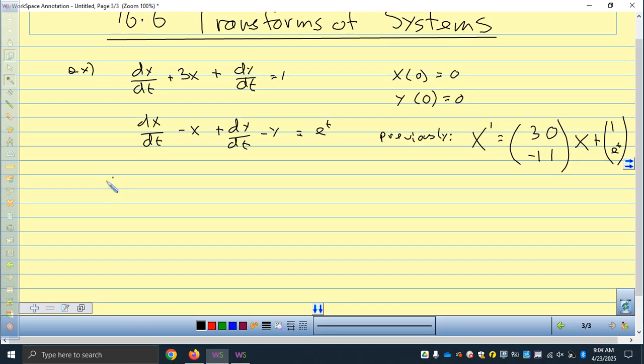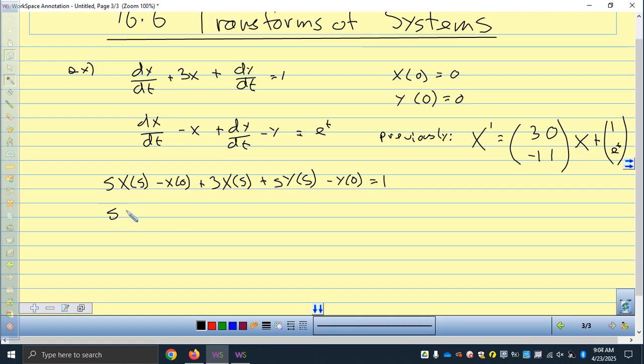When we do that, we get x of s minus x of 0. I'm going to write out all the pieces here, plus 3x of s plus s y of s minus y of 0 equals 1 over s.